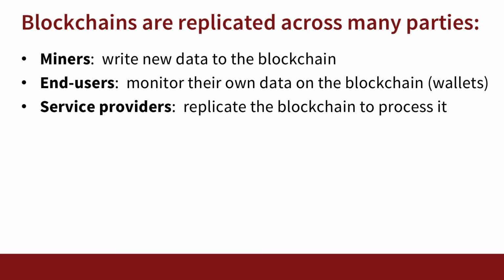Okay, so the entire blockchain is replicated to all the miners in the system, the people who write data to the blockchain. End users will monitor the blockchain for data that affects themselves. So, for example, if we're implementing a currency, an end user might want to know how much money they currently have in this currency, and to do that, they will monitor the blockchain by replicating it and looking at how much money they actually have.